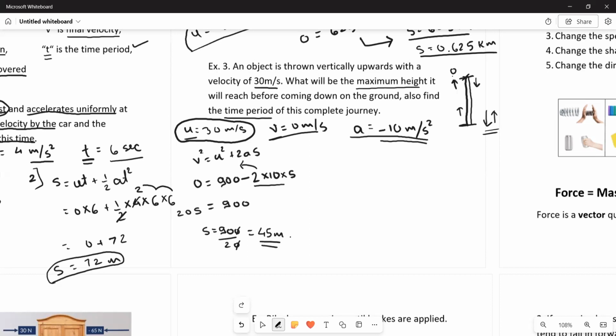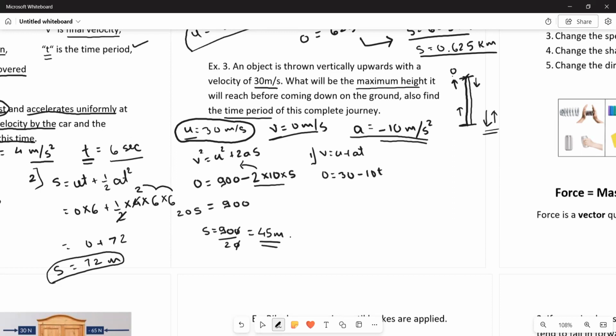So over here our v is equals to 0, u is 30, and a is minus 10. So we'll use the first equation. Our first equation is v equals to u plus at, or 0 equals to 30 plus minus 10 times t.